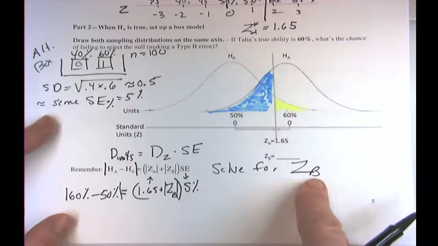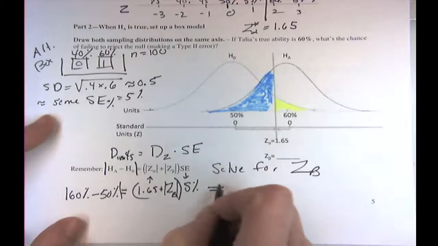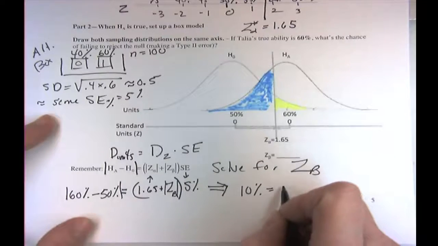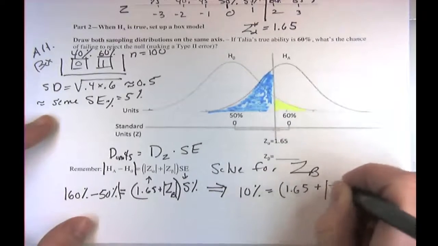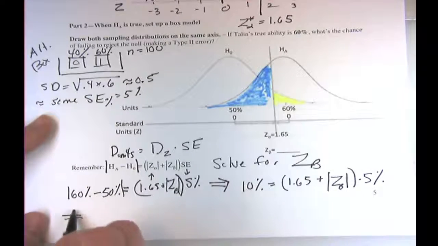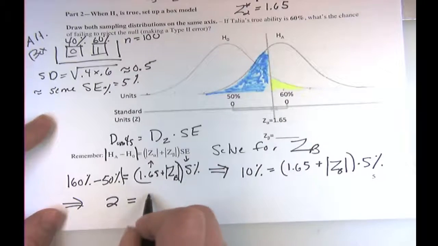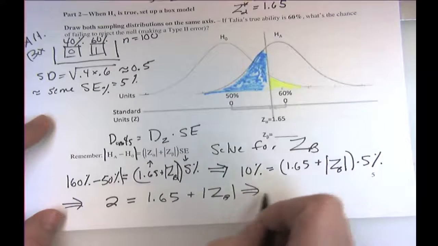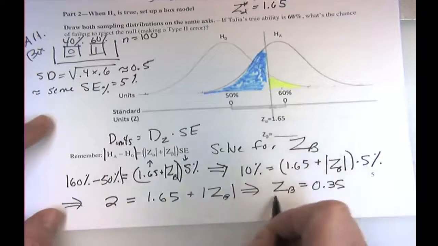So let's solve for z beta. We get 10% equals 1.65 plus the absolute value of z beta, times 5%. So what do we get? We get 2 equals 1.65 plus the absolute value of z beta, so z beta equals 0.35.